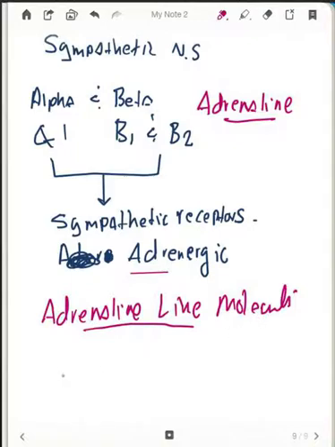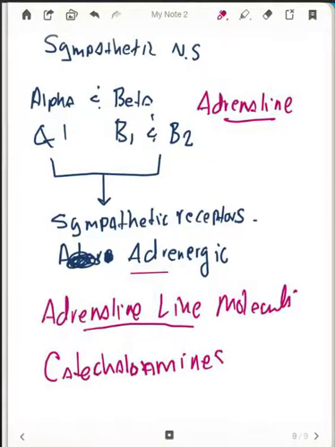And these adrenaline-like molecules are what are known as catecholamines. Catecholamines are adrenaline-like molecules, and the other name for adrenaline is something called epinephrine.